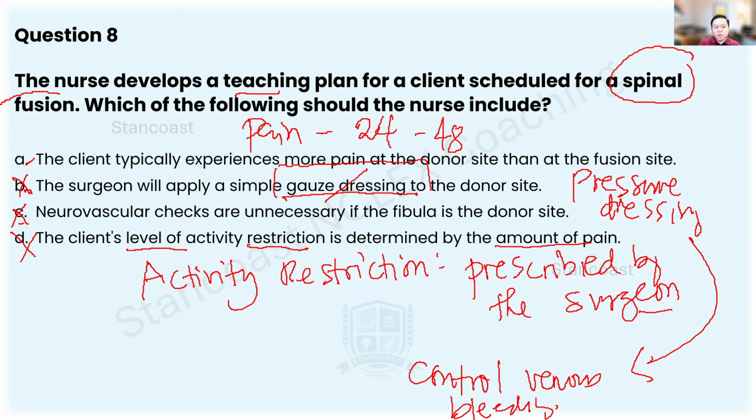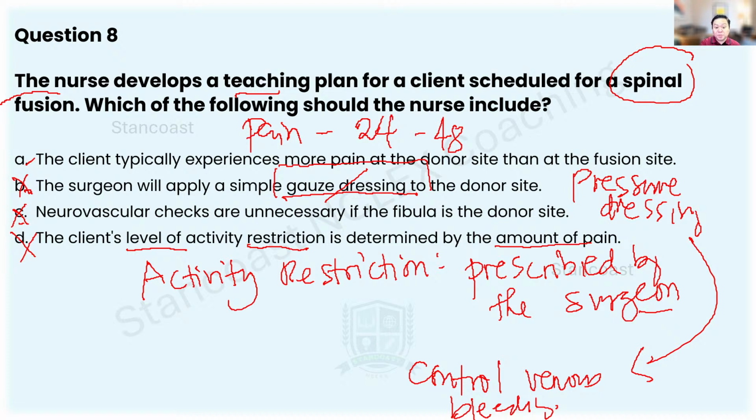And so when we care for this patient in the post-op phase, the pain in the area where they get that tissue will be much more painful compared to the fusion site where they're going to put that tissue. All right. So this is a correct statement.